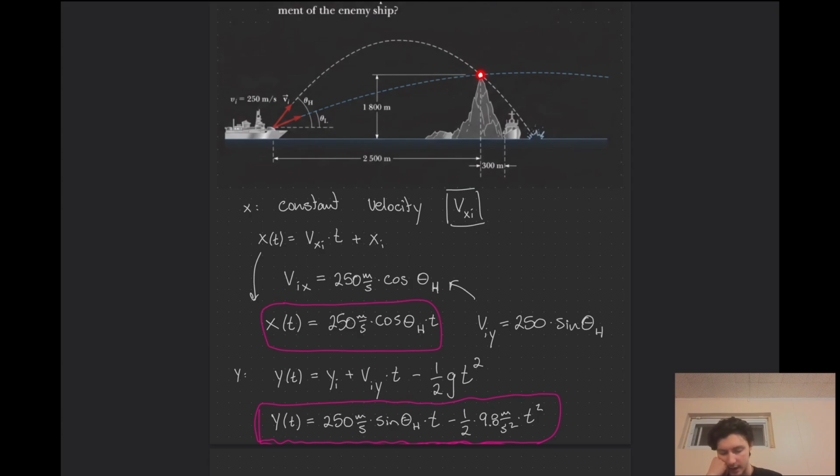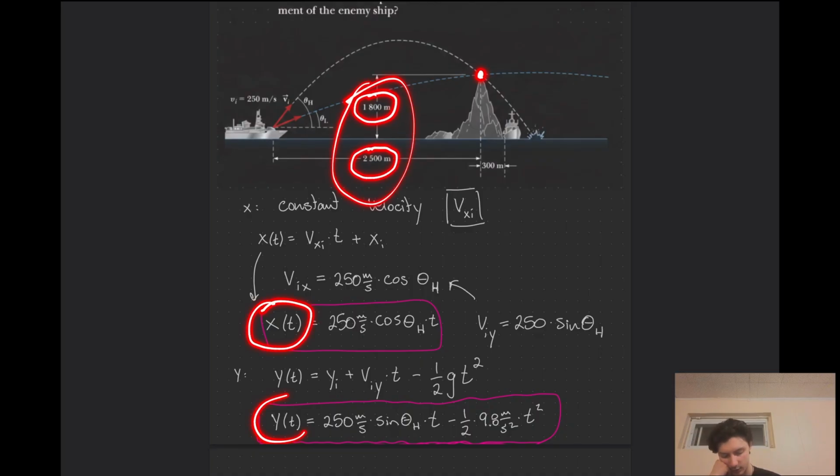We know that exactly over here at x equals 2,500 meters and y equals 1,800 meters, it will be right here. So we have one data point that we can put into here and one data point that we can put into here, right? The x point can go here and this can go here. And then what can we get? I guess we can pull time out of that.